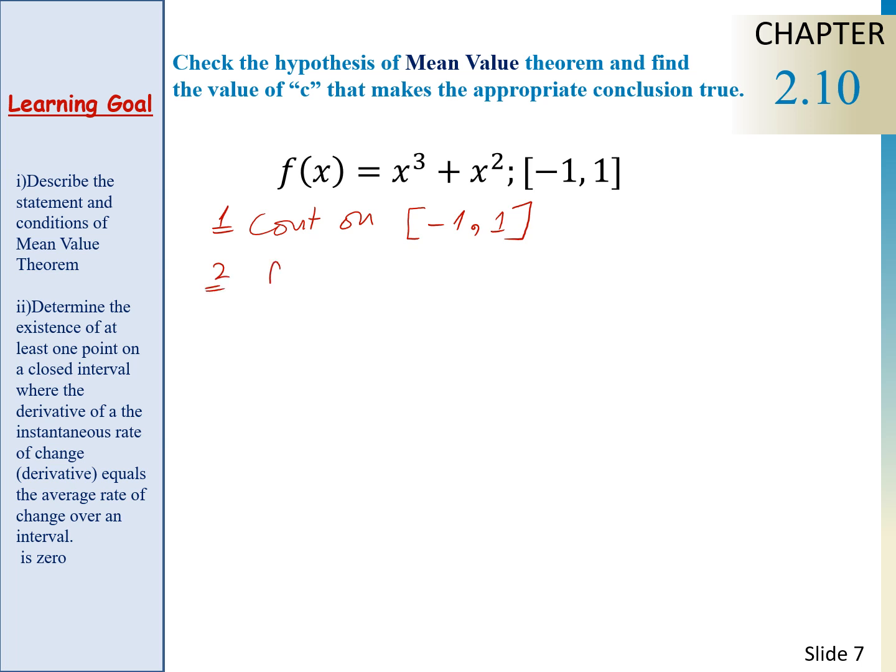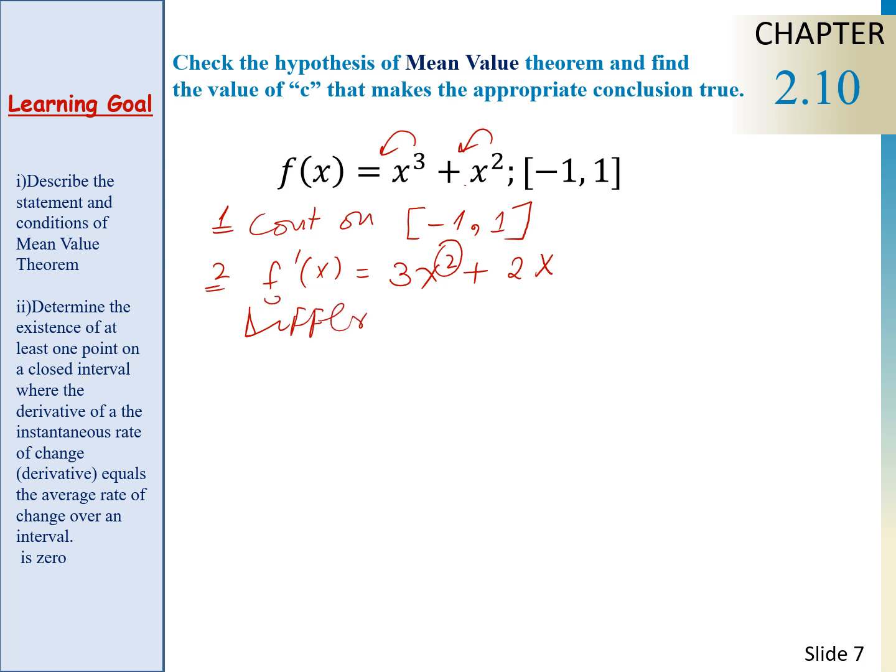For the second one, take the derivative of the function. So x cube, the derivative is 3x square, plus x square, the derivative is 2x. Now here power 2, so quadratic function, polynomial function, which is again continuous everywhere. And it has a smooth curve.